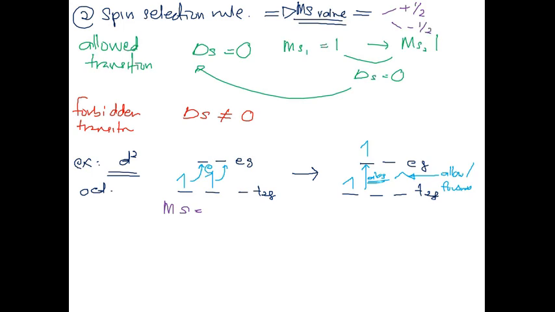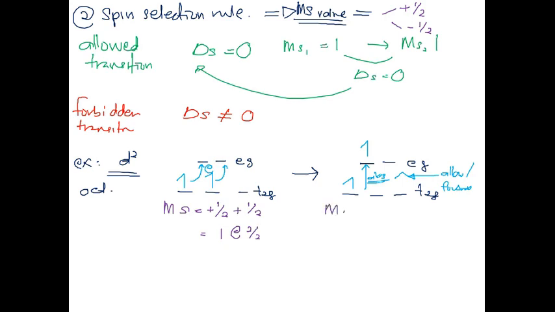Here there are only two electrons, so it must be positive half plus positive half, so it is 1, or 2/2. What about here?